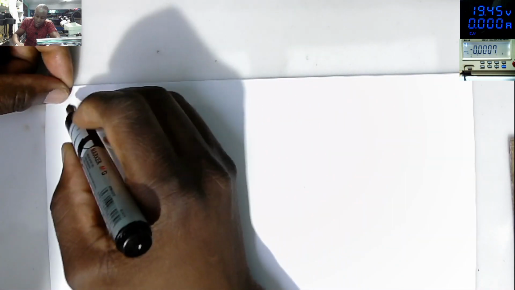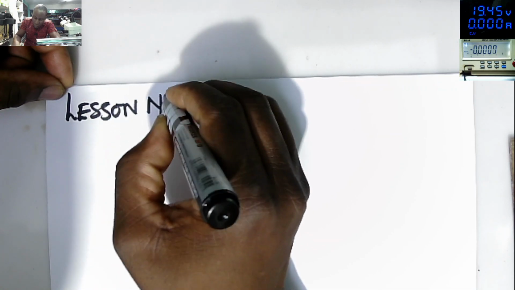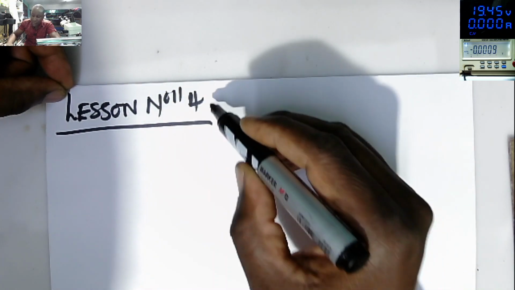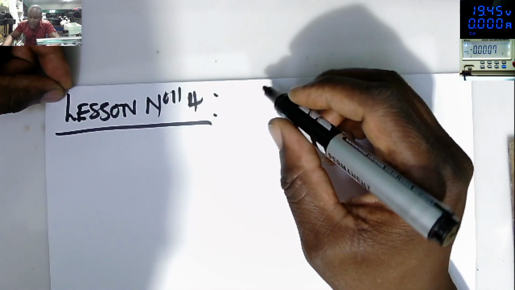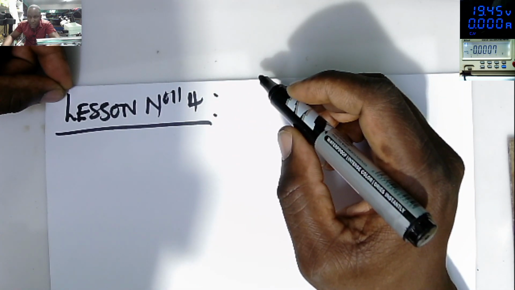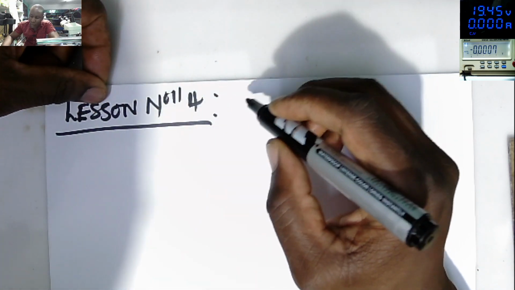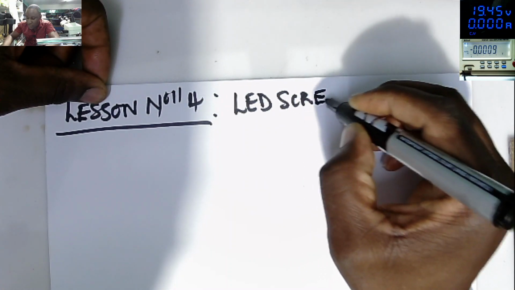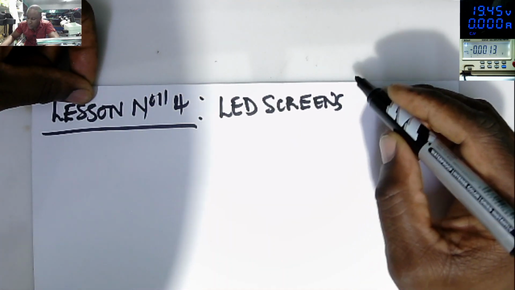So let's move to lesson number 4. On lesson number 4, we're going to explain how laptop screens, LED screens, are working on laptops.